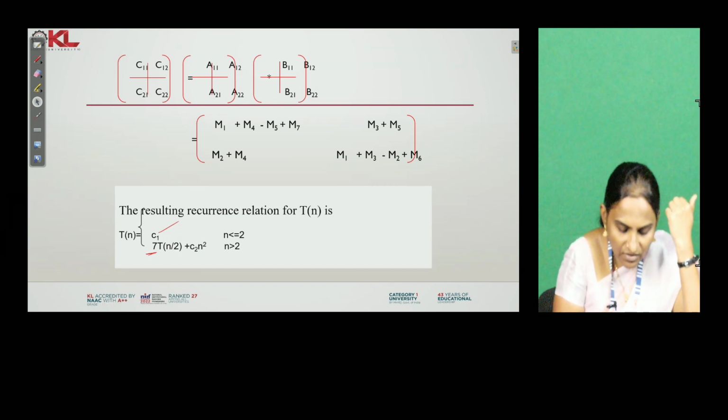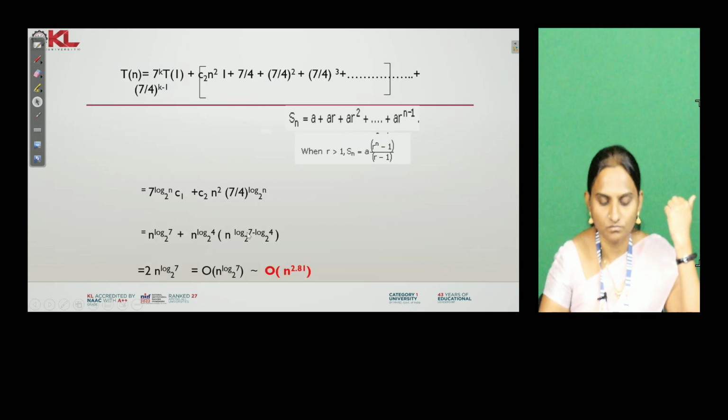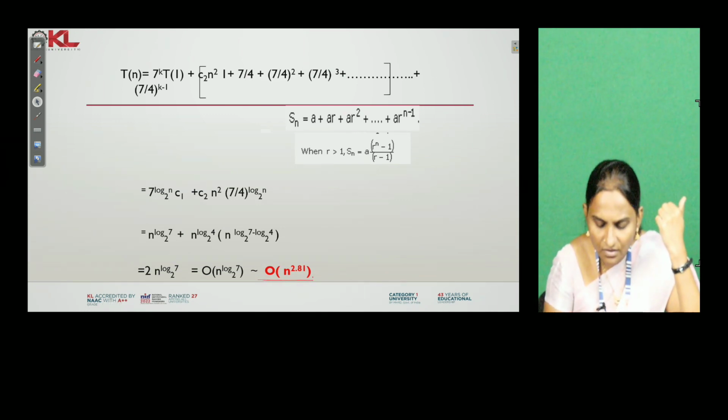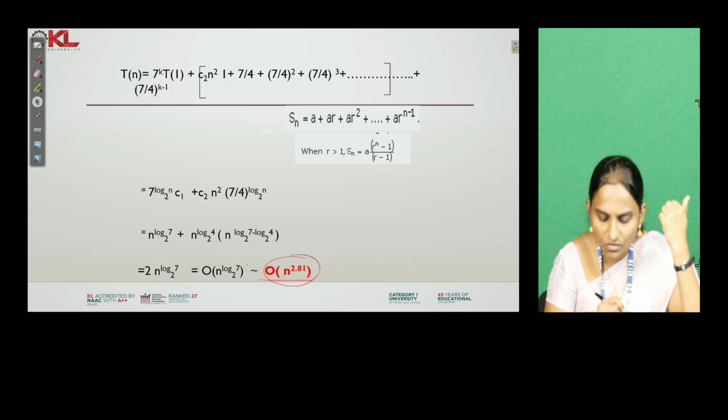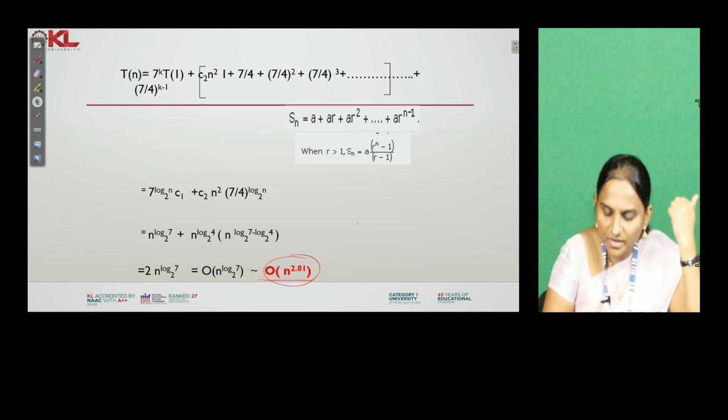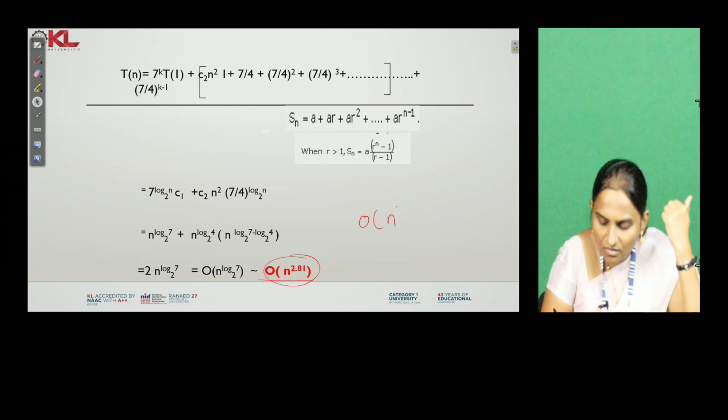So that's 7 T(n/2) + C n squared for n greater than 2. By solving this recurrence relation, we get the time complexity of order n power 2.81.